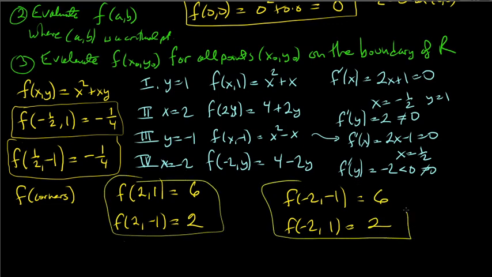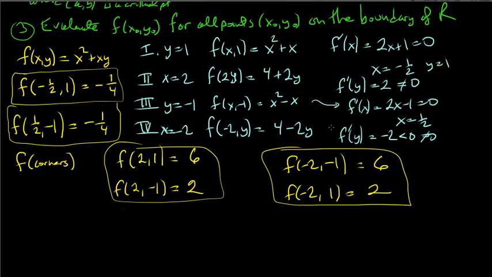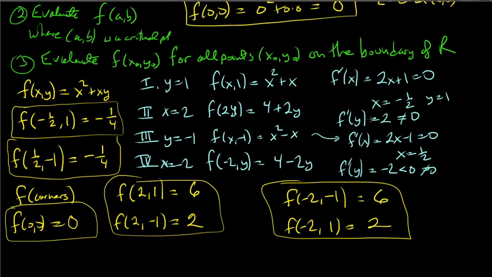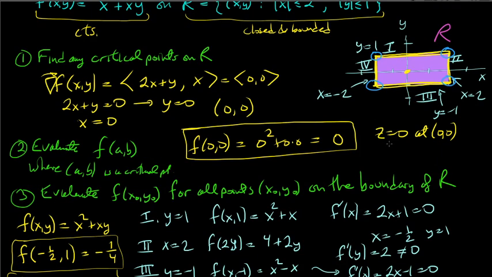So you put all these together, and don't forget the critical number at 0, 0, so we had that one as well. 0, 0, that just gave us 0. All right then. So I think we hit all the points on the boundary that are on the rectangle, including the 4 corners.